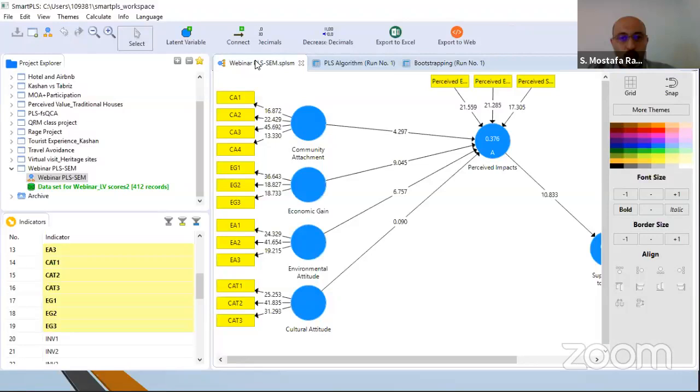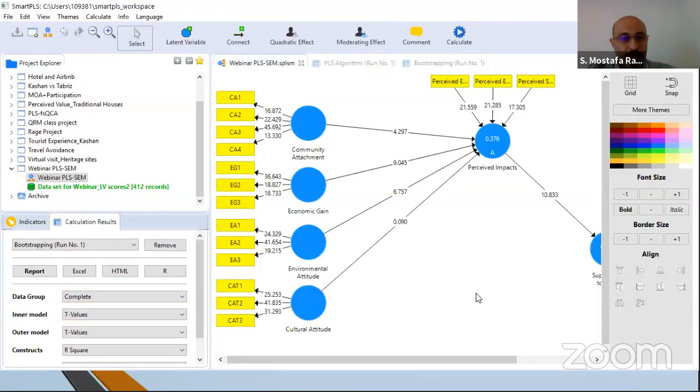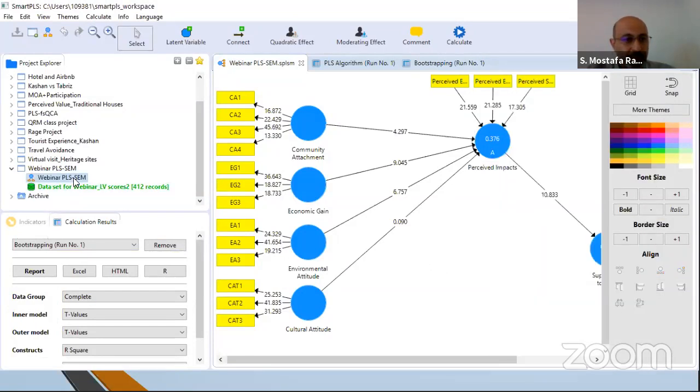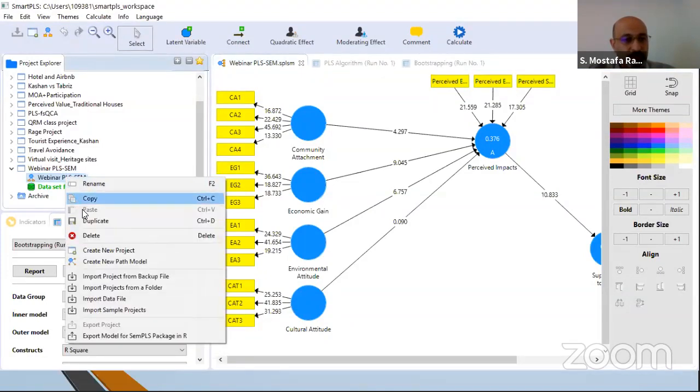Okay, let me show you only one serial mediator. Okay, it's better to duplicate. So before I showed you that if we want to use a framework for another study in SmartPLS, we can right click on the path model and duplicate path model.